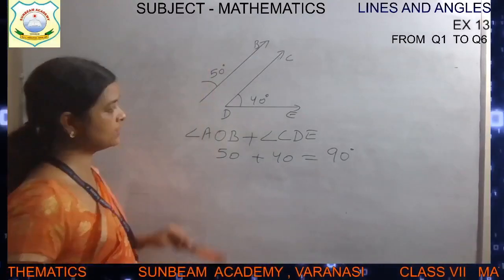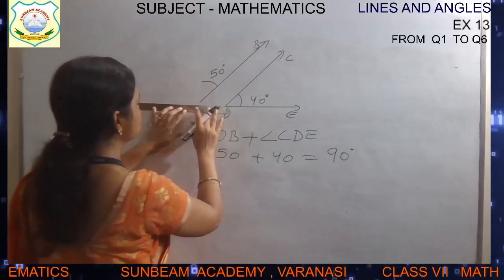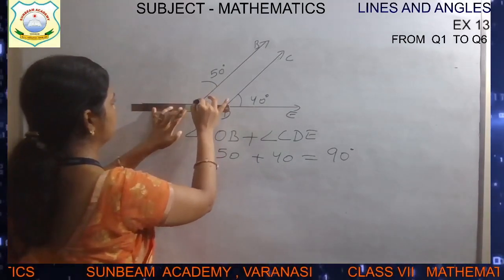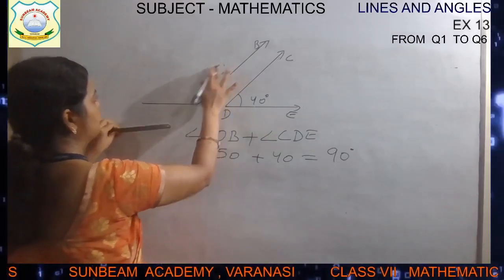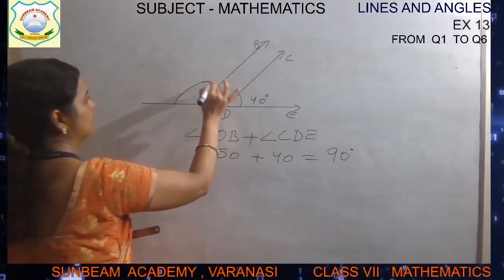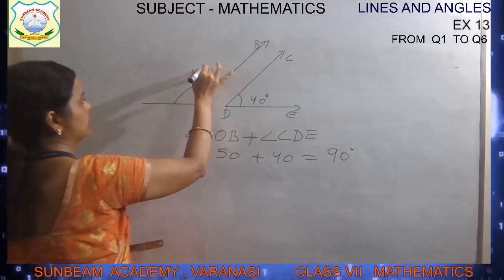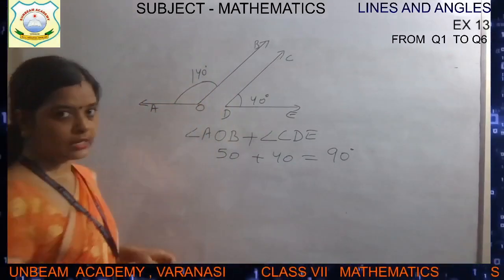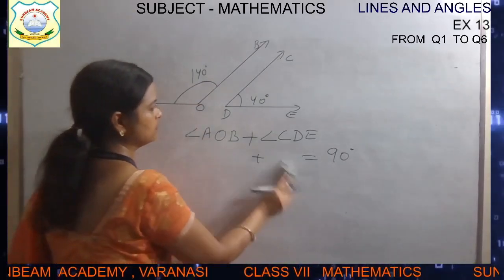children, same example I am taking, and let's draw a straight line from here so that it will make a bigger angle. And let me draw it. It is 140 degrees, children. This is AOB. Now angle AOB is how much, children?